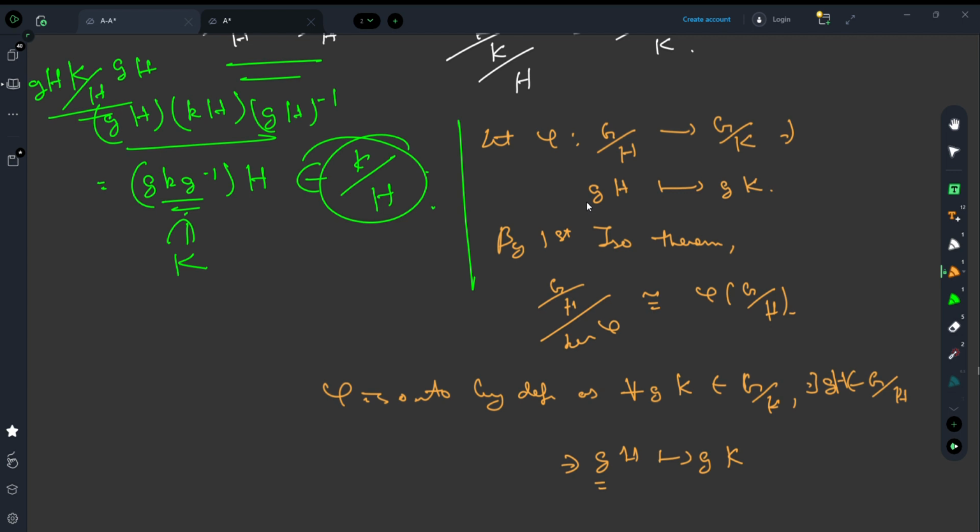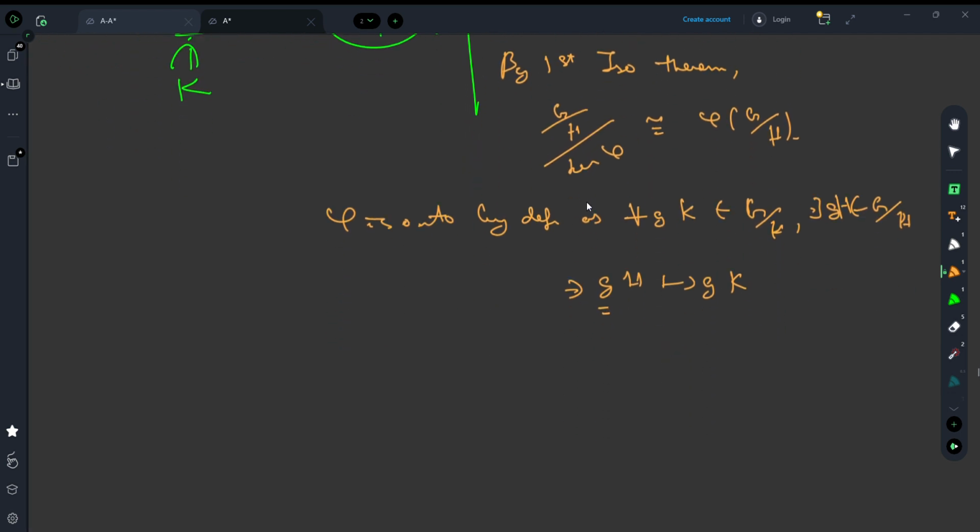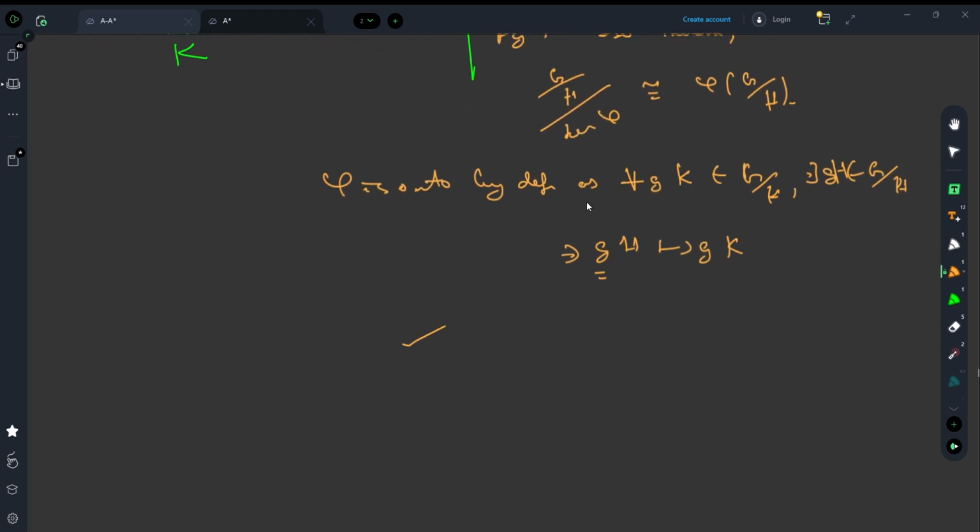So if I choose the coset gK, then creating a coset using that very g will get a pre-image of it. So clearly it's onto, right? So if it's onto, then phi of G mod H is simply G mod K. Therefore, G mod H by kernel of phi is isomorphic to G mod K.